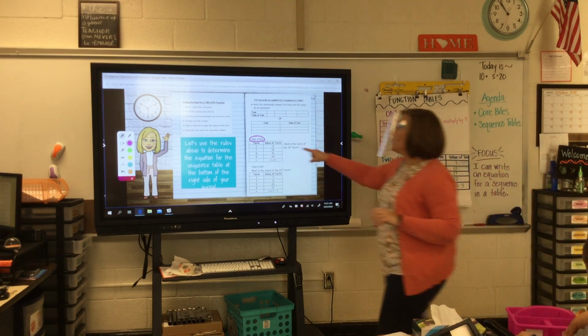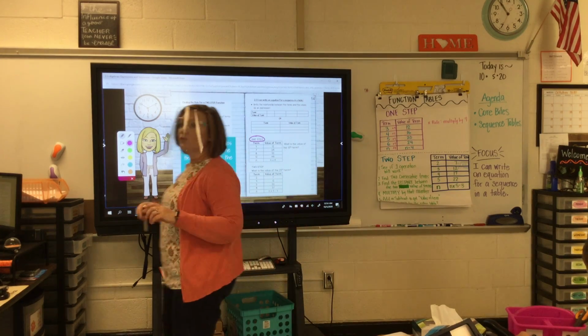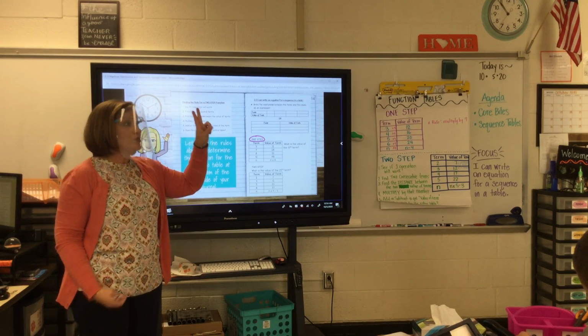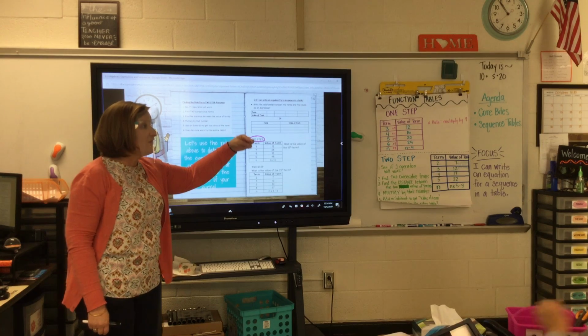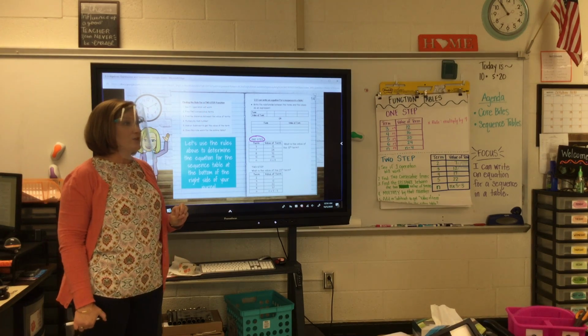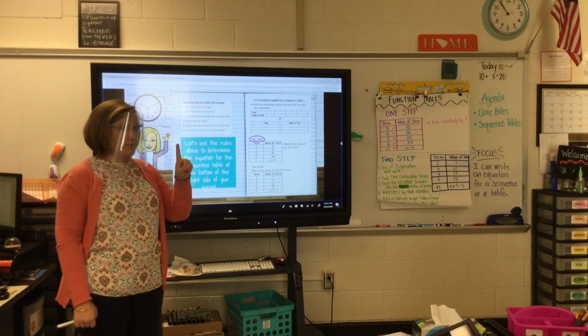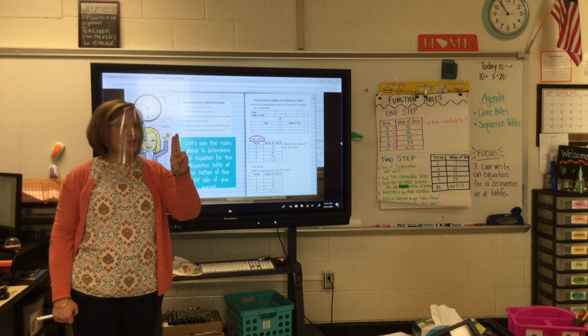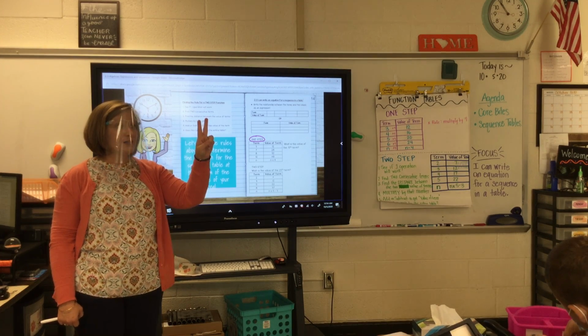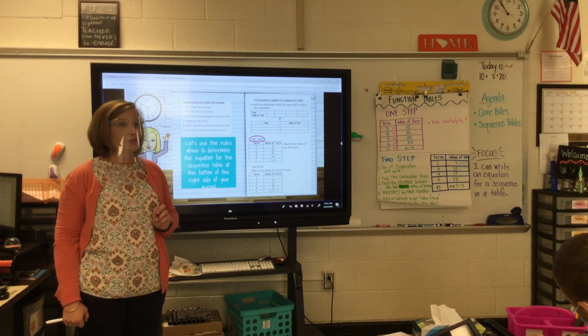So how can we get, if we're going up from 3 to 12, there are 2 operations that allow us to increase the value. What are those 2 operations? Multiplication or addition. Which one would you like to try first?